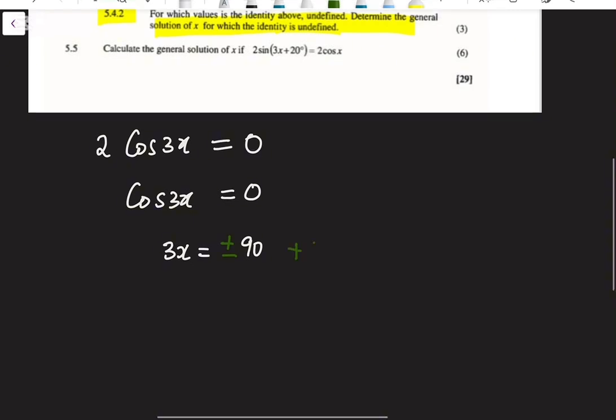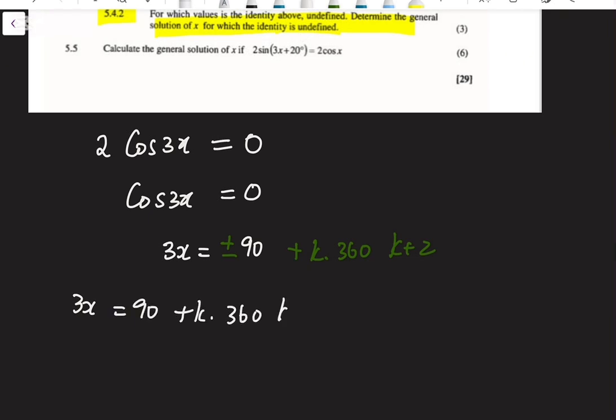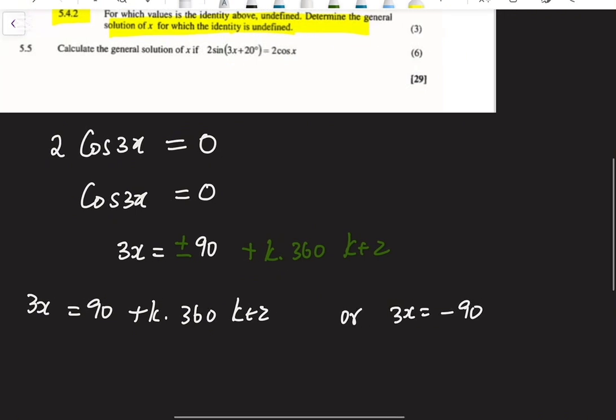And then plus k multiplied by 360, where k is an element of all integers. Now, that means here we have two solutions. We are going to have 3x is equal to 90 plus k times 360. K belongs to all integers. Or we are going to have 3x is equal to negative 90 plus k multiplied by 360. K belongs to all integers.